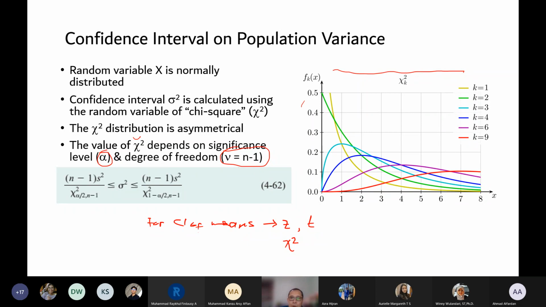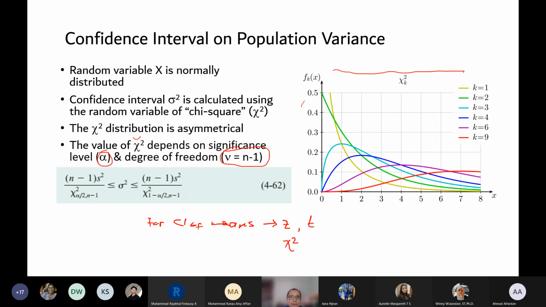Okay. So we have been introduced to three probability distributions, three random variables that we use for confidence interval calculation. We know the variables Z and T, and now we know the variable chi-square. All of these three variables are random variables for different purposes.